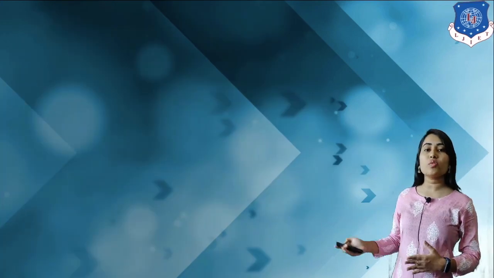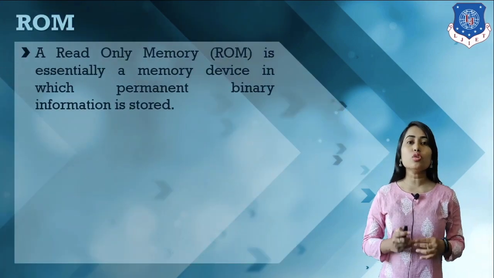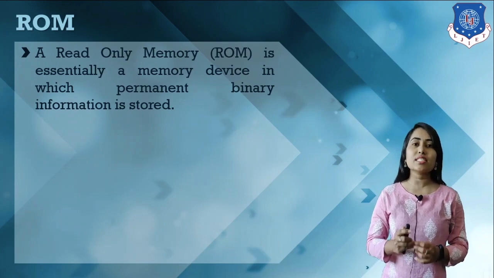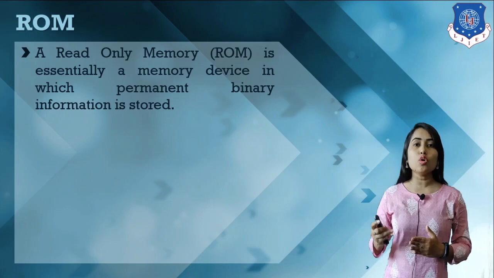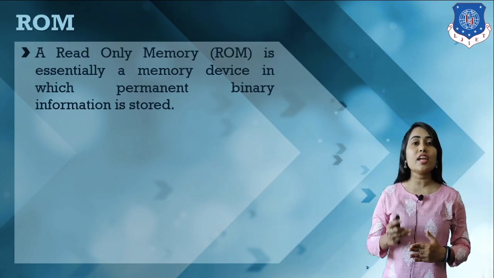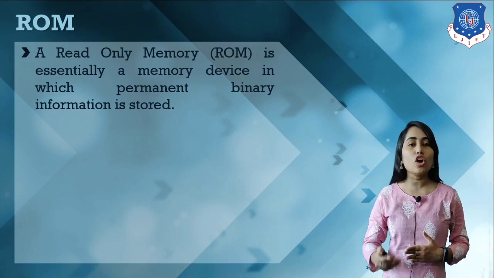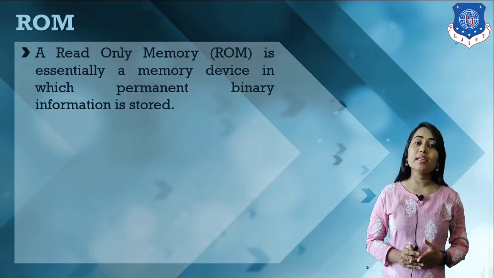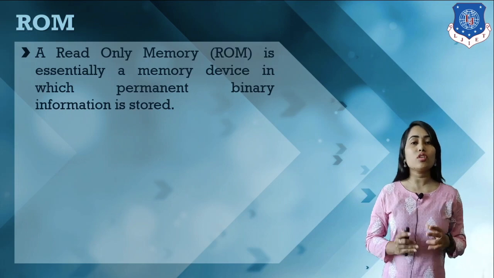Here first we have ROM, that is read only memory. This memory is used to store our data at once, and then this data cannot be altered or modified in that device, and we have only read operations.